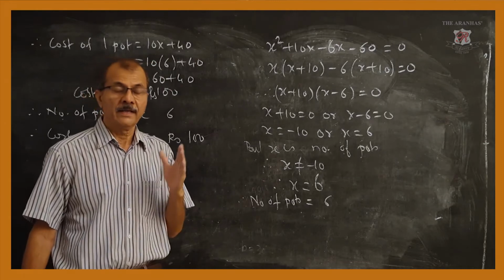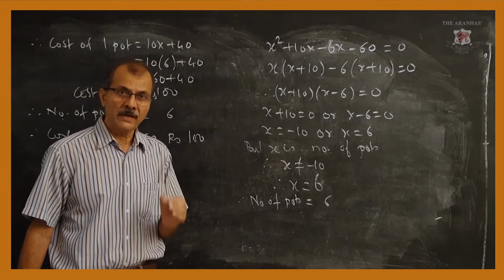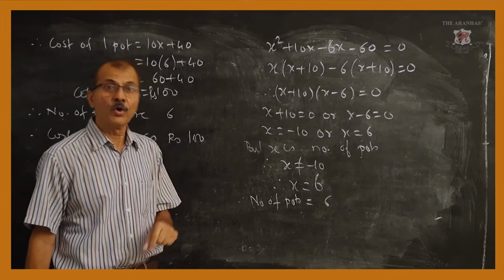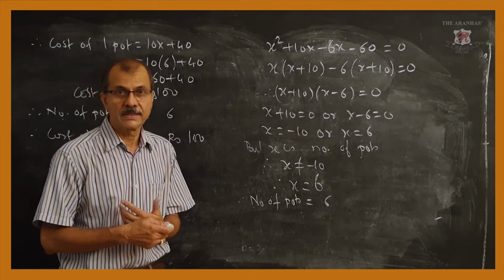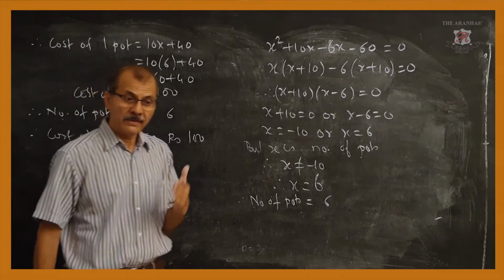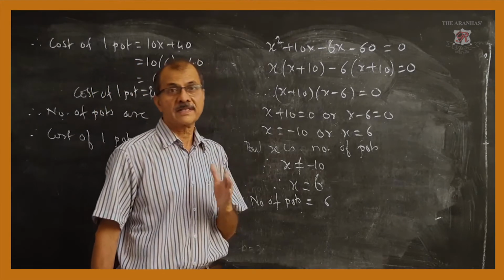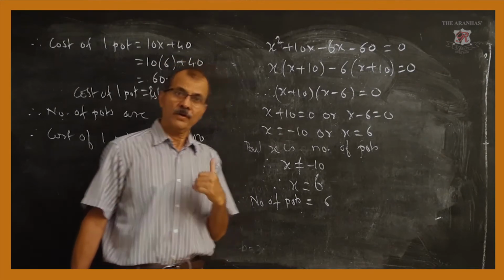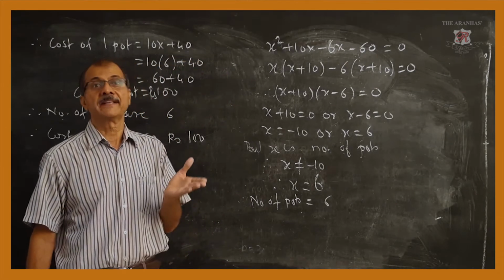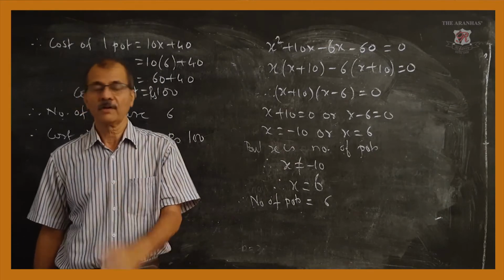It is said that the cost of making one pot is rupees 40 more than 10 times the number of pots. Is that clear why I took the number of pots as x? Because the cost has been expressed in terms of number of pots.